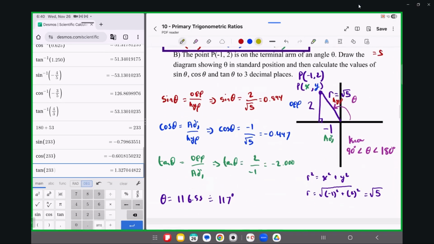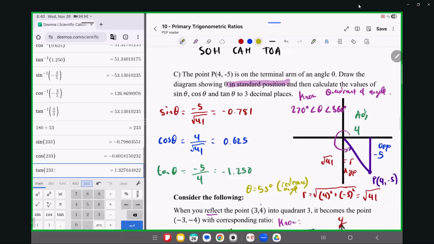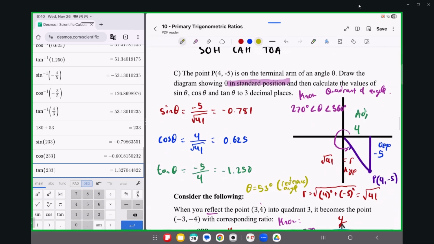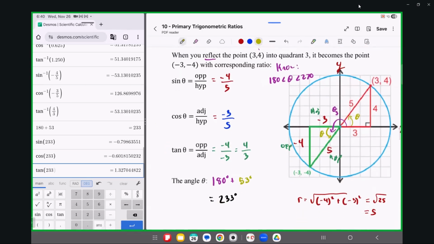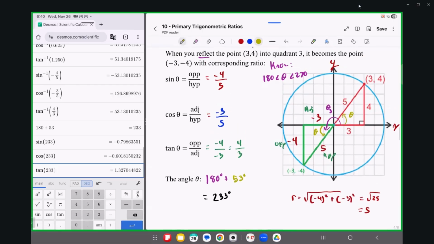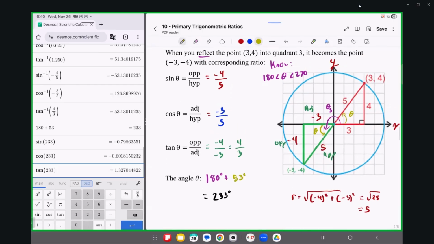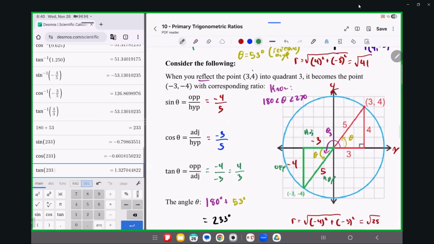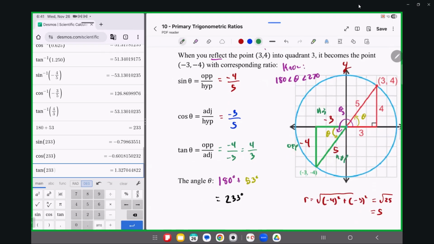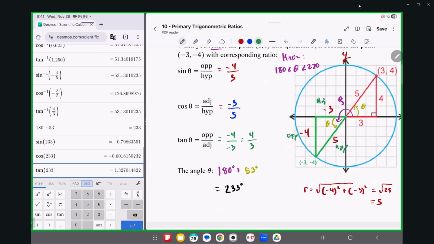In example B, it seemed cosine was the only one that worked. And in example C, none of them worked to get our right answer. But yet, we were able to use the quadrant one angle to determine the quadrant three angle. And so that's going to be our method for solving these: we're going to be determining a reference point, which will be our golden angle, our reference angle, and using that to figure them out.